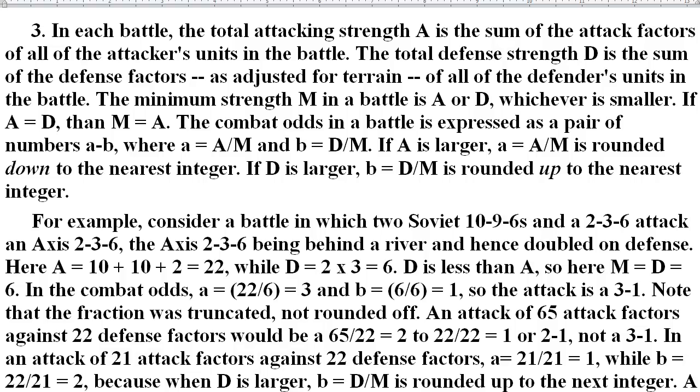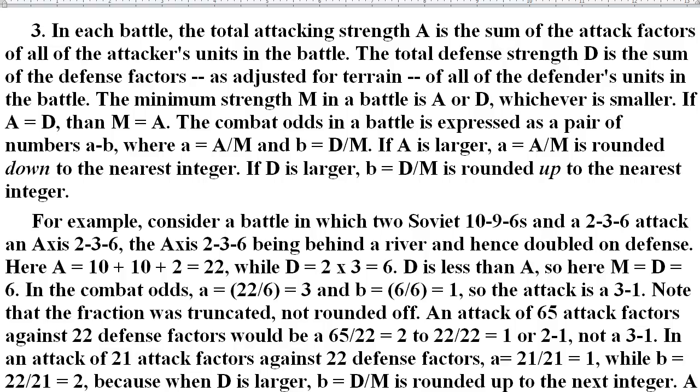What you then do is to divide A and D, the attacker strength and the defender strength, by M. If A is the larger of the two, D and M are equal, so D over M is equal to 1. A is larger, so A over M is rounded down to the nearest integer.